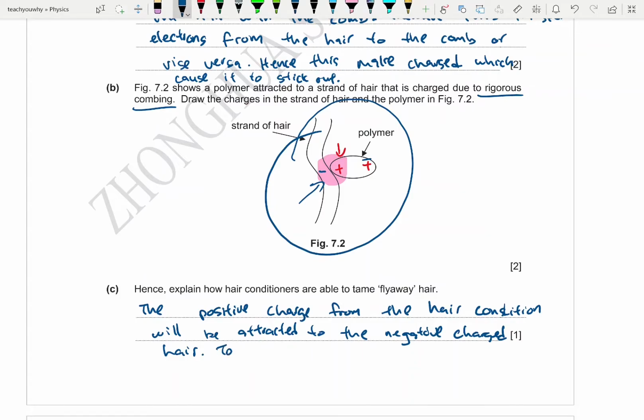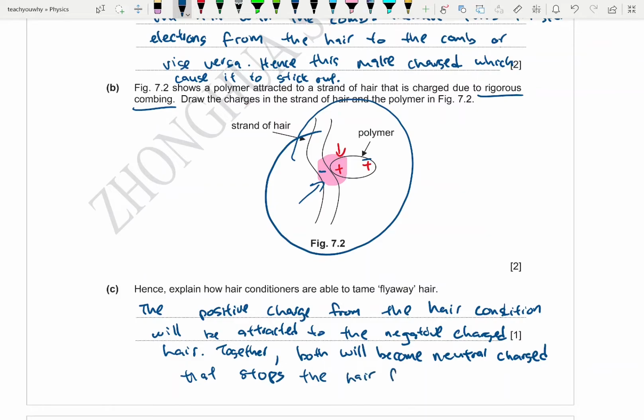Together, both will become neutral charge, that stops the hair from flying away. Okay.